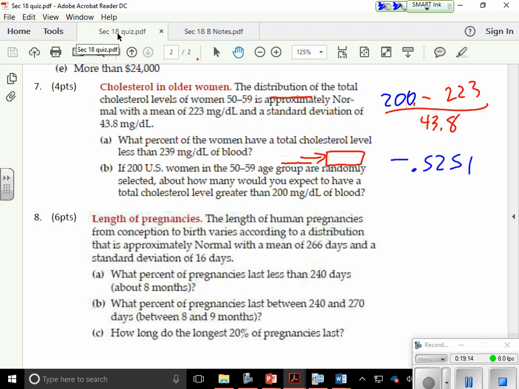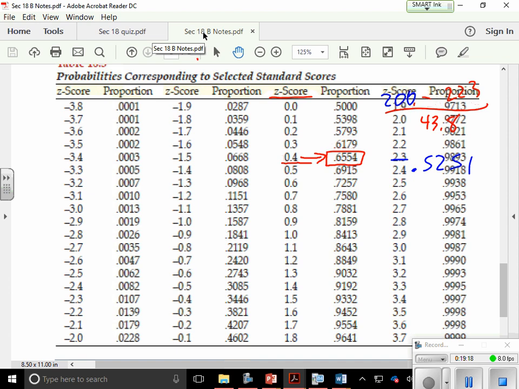Okay, so probably a negative 0.5, which would be somewhere around here, which corresponds to 30.85% below.